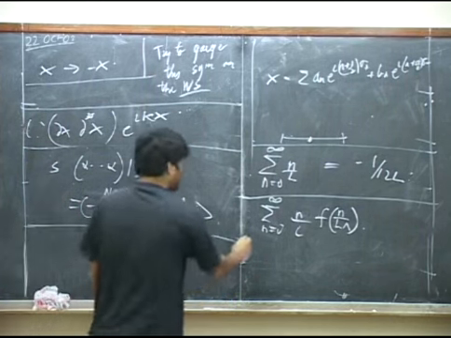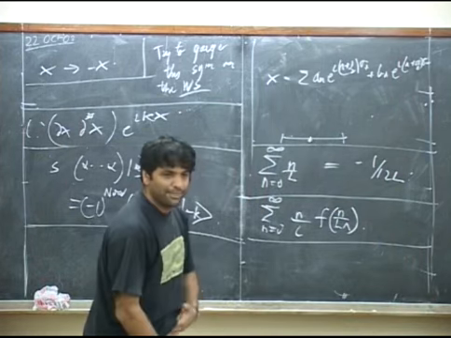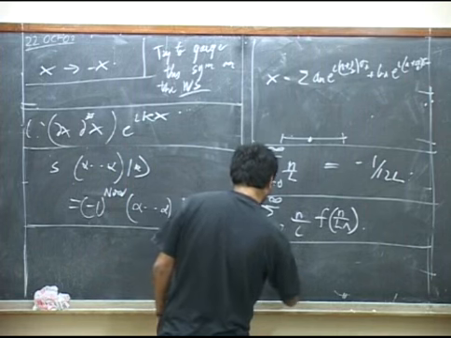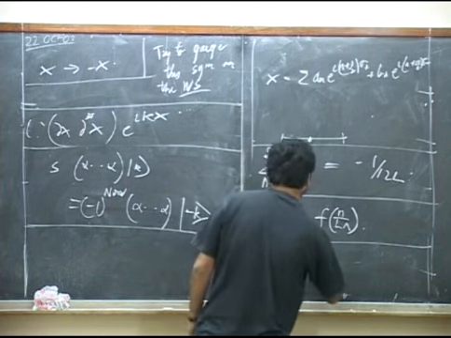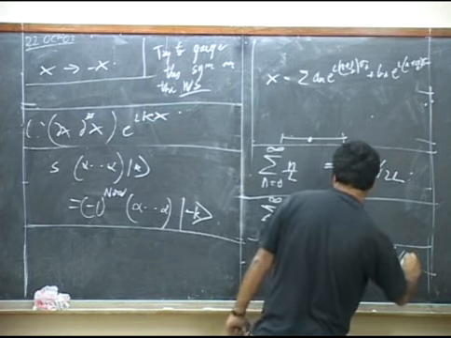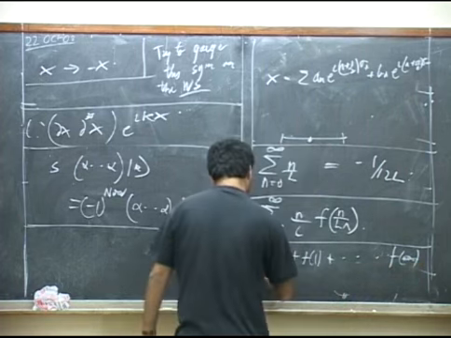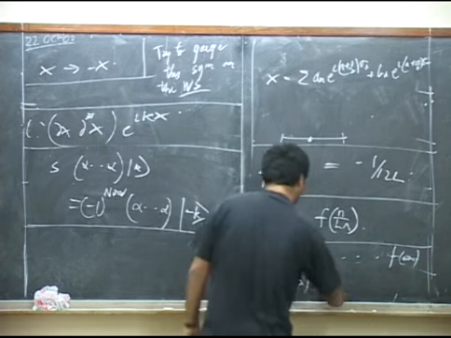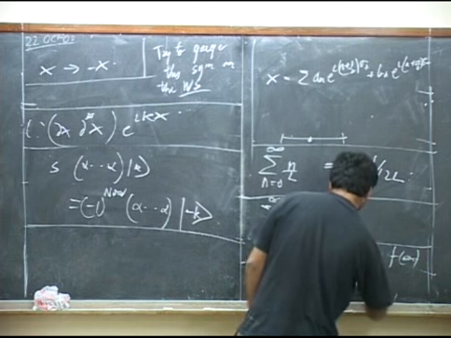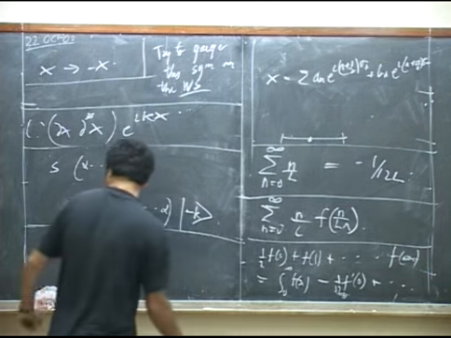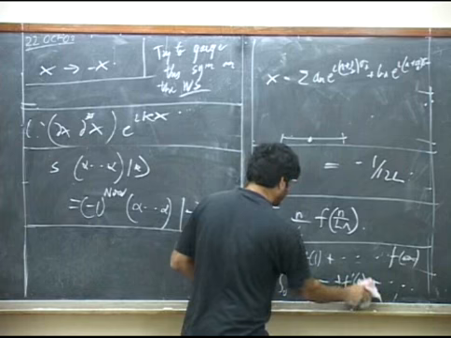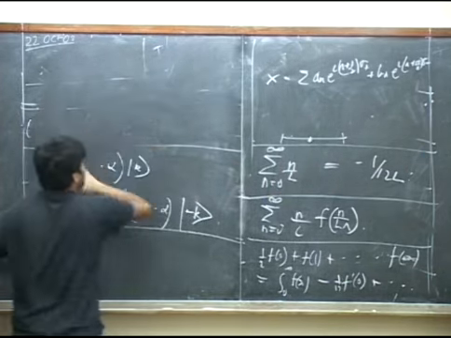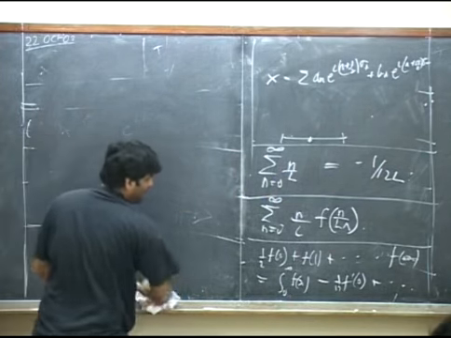Then we used this nice formula, the Euler-Maclaurin formula, which said that half of f0 plus f1 plus f2, and so on all the way to infinity, is equal to the integral from 0 to infinity of f of x, minus 1 by 12 f prime of 0, plus higher order derivatives that turn out not to contribute.